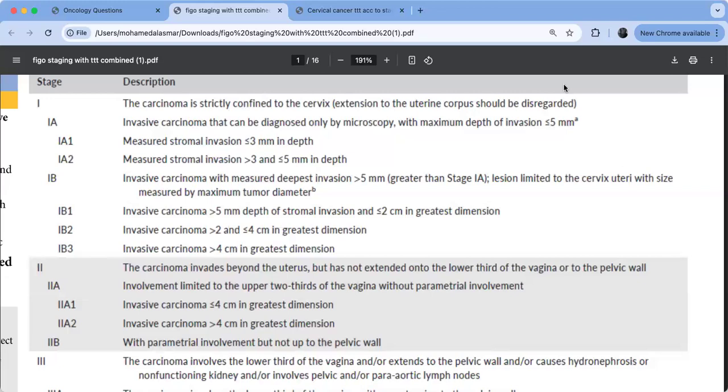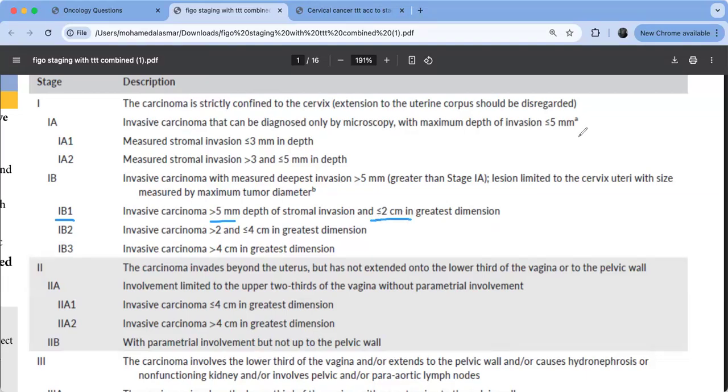The lesion is limited to the cervix uteri, with size measured by maximum tumor diameter. In 1B1, the depth of invasion is more than 5 millimeters, but the horizontal diameter, or the greatest dimension, is 2 cm or less.